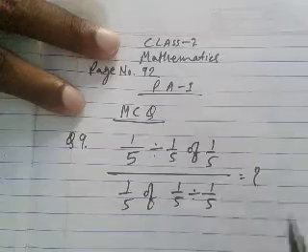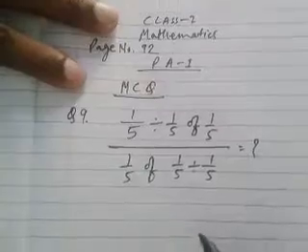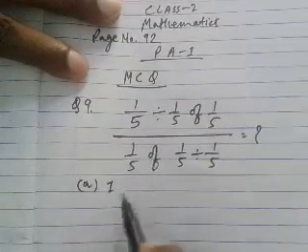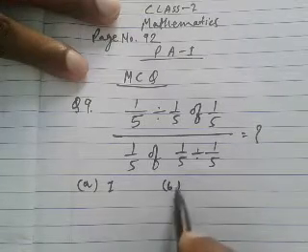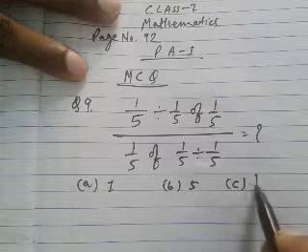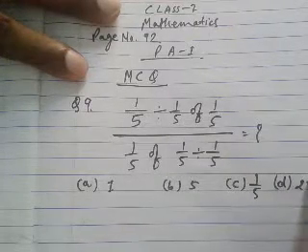This is the question, and the options given here are option A 1, option B 5, option C 1 upon 5, and option D 25.